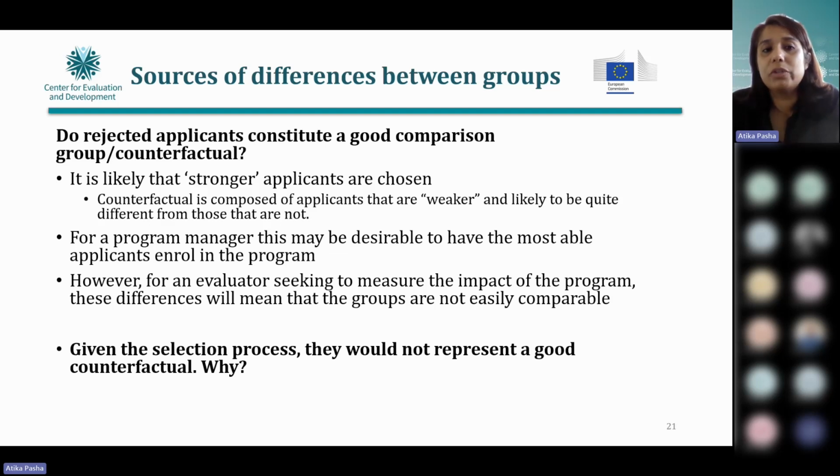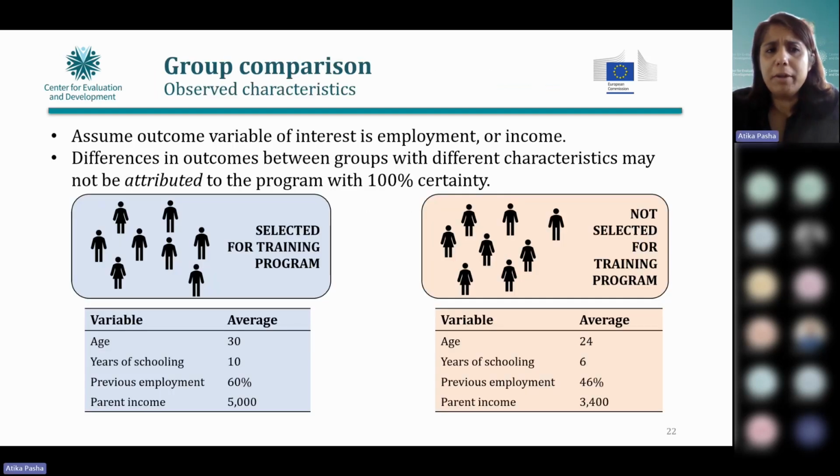So while this is most desirable for having these kind of applicants in the program, it's not necessarily desirable for a CIE method. That is because, again, the groups are not easily comparable. And so given the selection process, we would want to understand why or how these differences can be relevant for an impact evaluation.